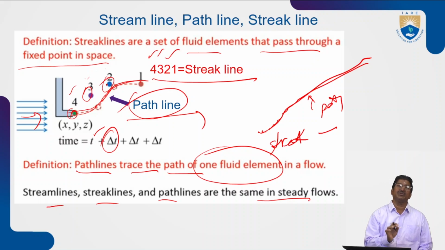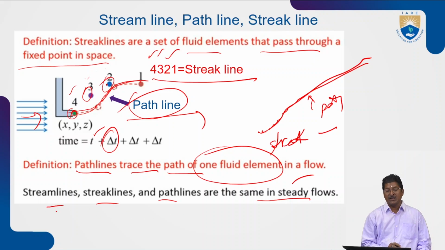If it is a steady flow, that means the properties are not changing, like density, pressure, velocity. These will not change with respect to time. They are constant. That is called a steady flow. In such a steady flow, all these lines are the same. That means streamlines, streak lines, path lines are the same.